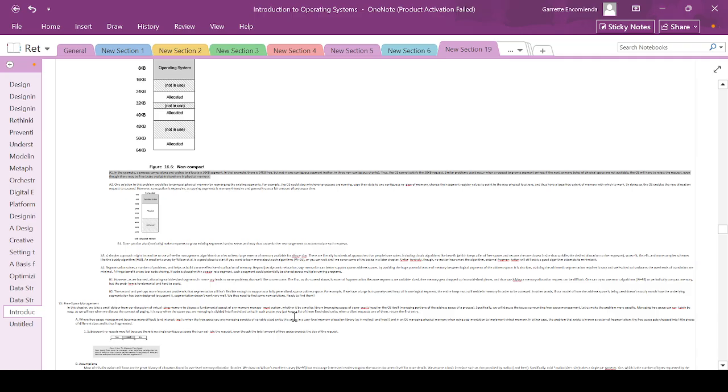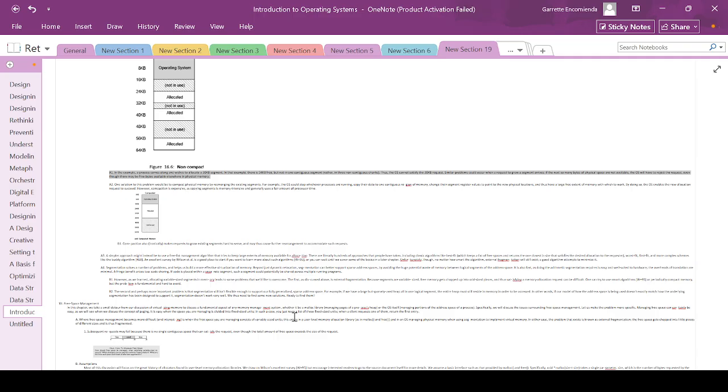There's 24 kilobytes free, but not in one contiguous segment, rather in 3 non-contiguous chunks. Thus, the OS cannot satisfy the 20 kilobyte request.